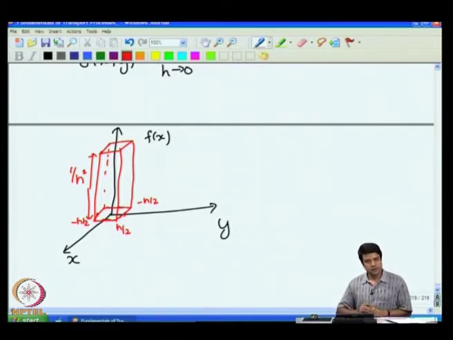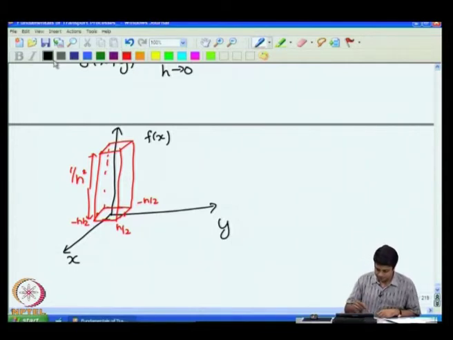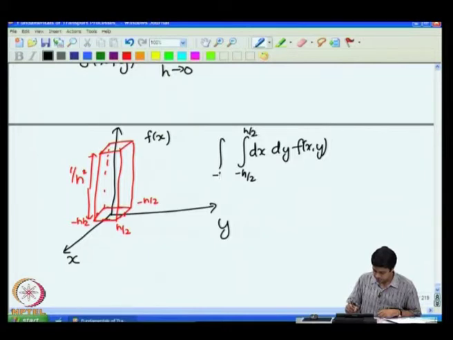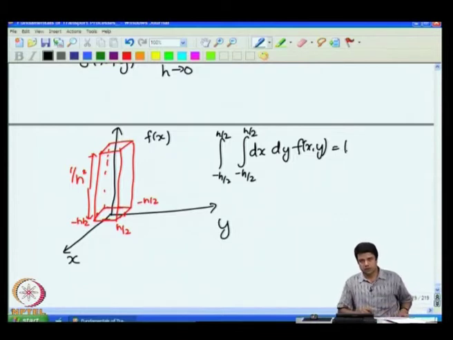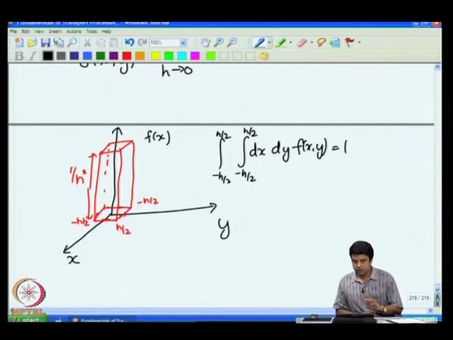This rectangle is actually a square with length h in the x axis and length h in the y axis. Therefore, the integral dx dy f of x y from minus h by 2 to h by 2 has to be equal to 1. So, this is the total volume under the curve in this case.